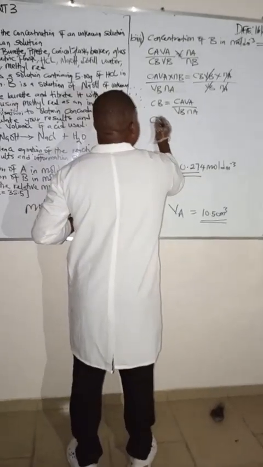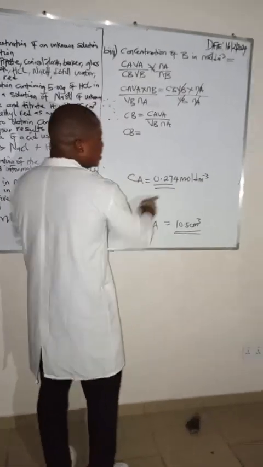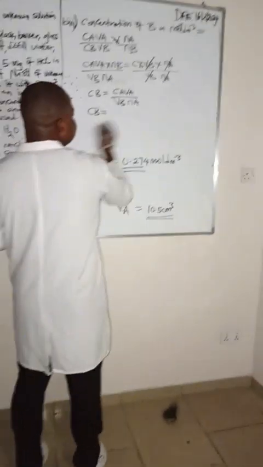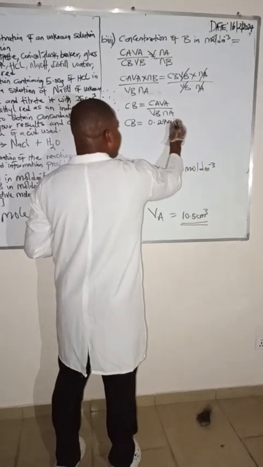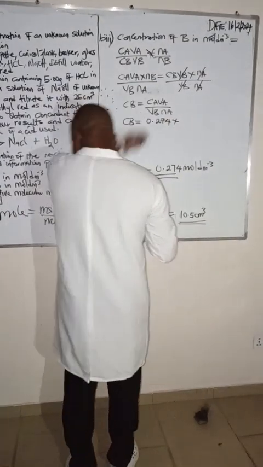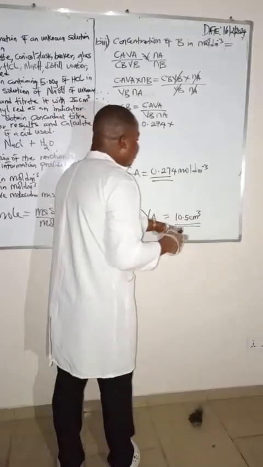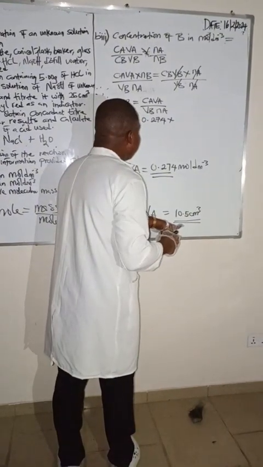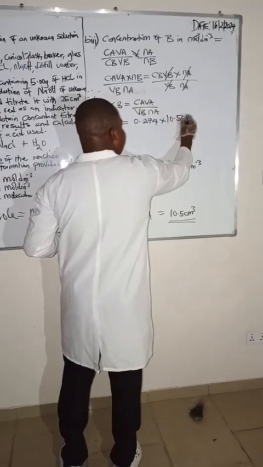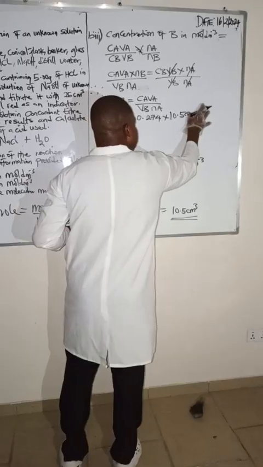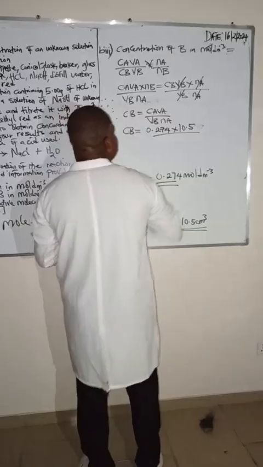Now, our CB will be equal to our CA, which is 0.274, times what is our VA, the volume of acid? Our VA is 10.5, all over what is our VB?